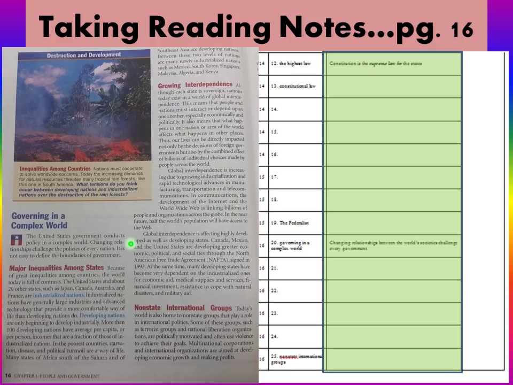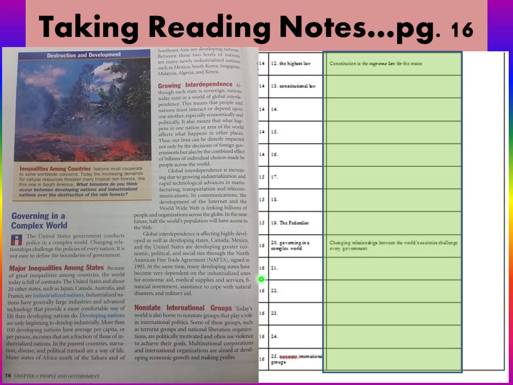Changing relationships challenge the policies of every nation. It is not easy to define the boundaries of government. So I took that and I put it in my own words. I put it here. Changing relationships between the world's societies challenge every government. Or I just put that sentence.